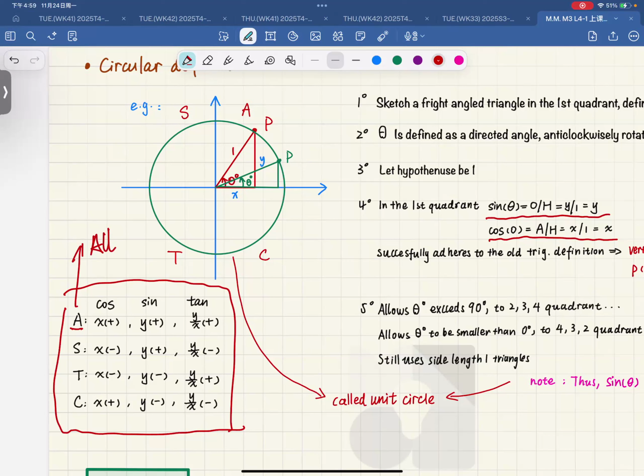So in the first quadrant, we have sine, cosine, and tangent all positive.